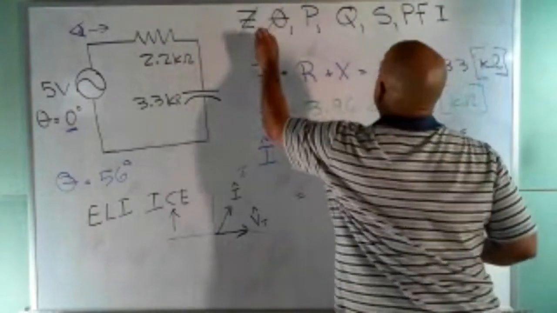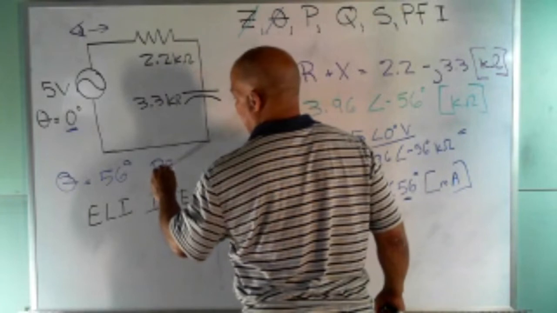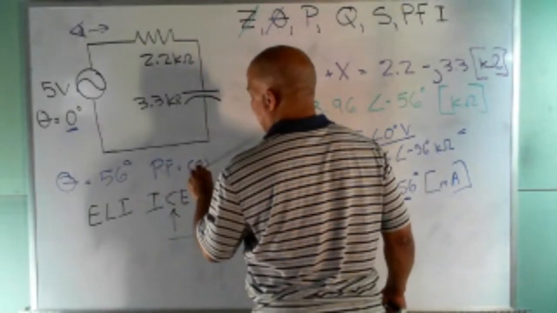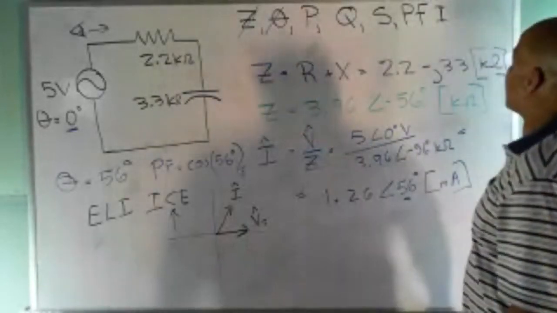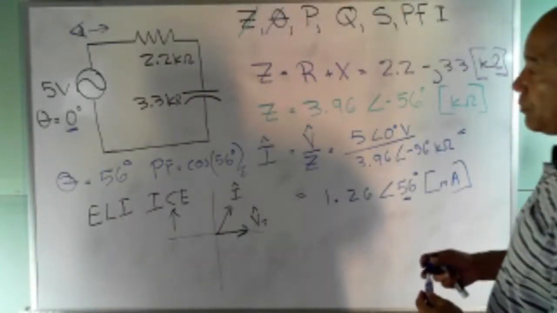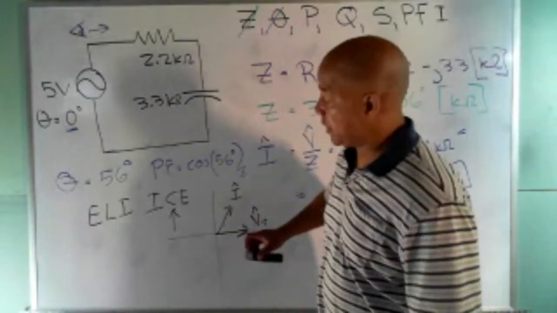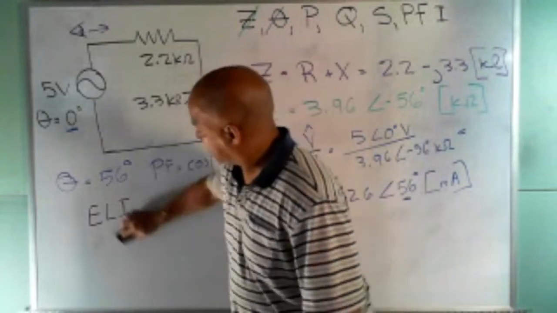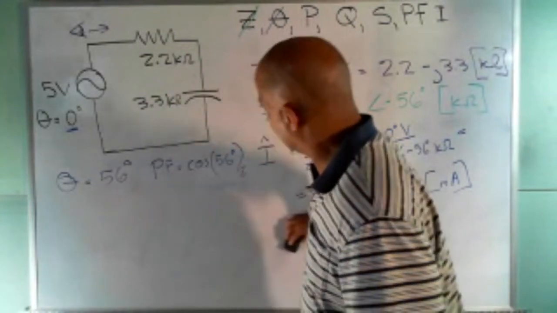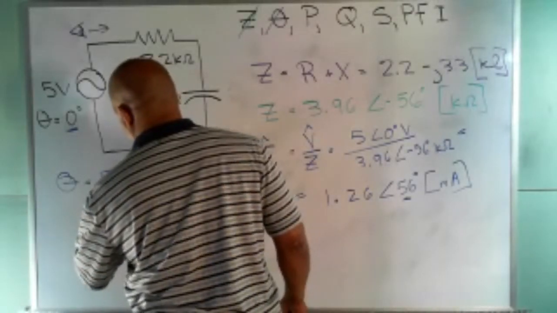Since I know this now, I can also get the power factor, because PF is the cosine of 56 degrees. What's the cosine of 56? Make sure you're in degrees and not radians. 0.56.